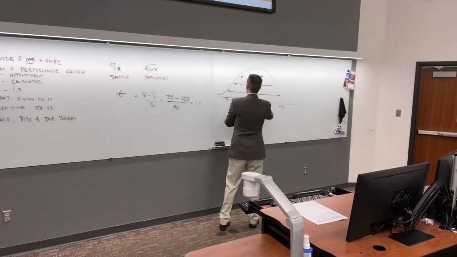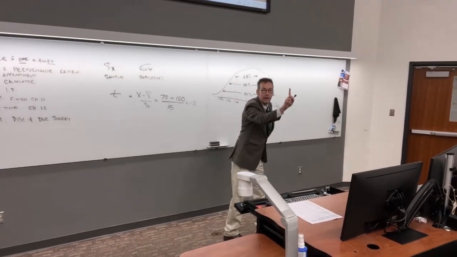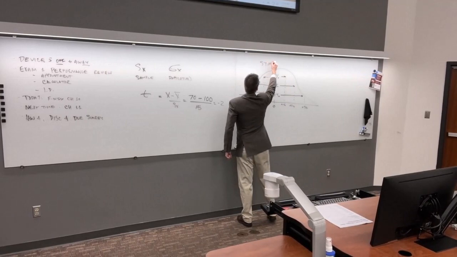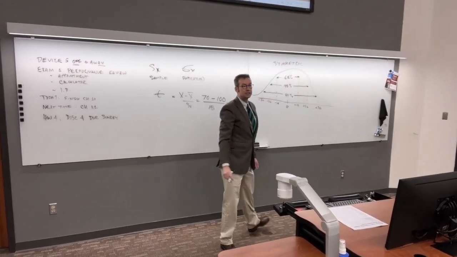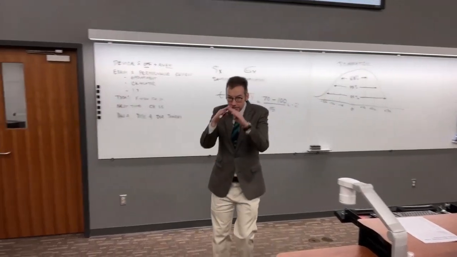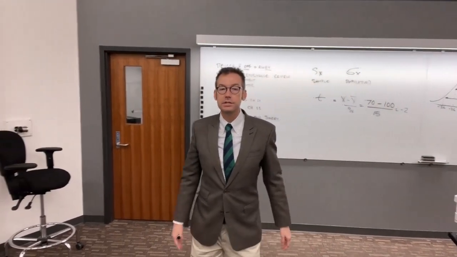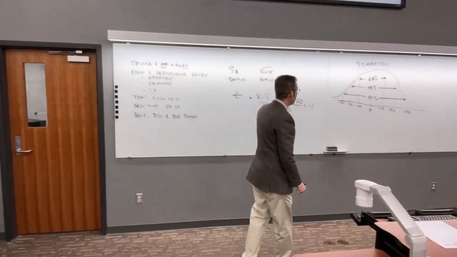That still doesn't tell me how many are over here without one more fact. Here's what you need to know about the normal distribution. It is symmetric about the mean. It's the same on both sides.